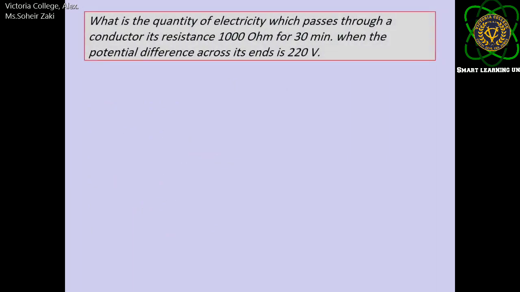What is the quantity of electricity which passes through a conductor whose resistance is 1000 ohms for 30 minutes? Don't forget to convert minutes to seconds. The potential difference across its ends is 220 volts. Also, we have two parameters to calculate.